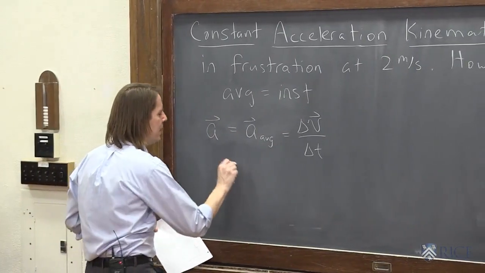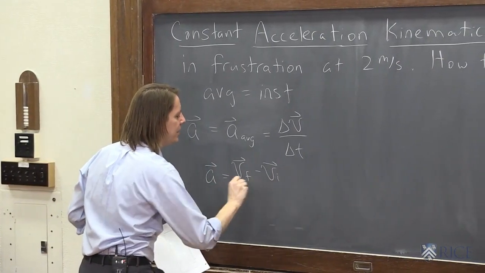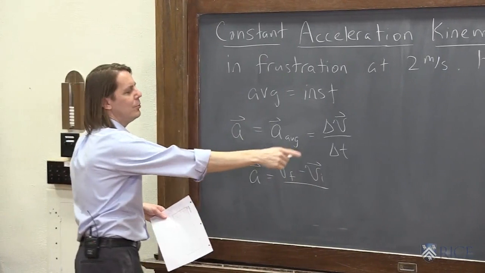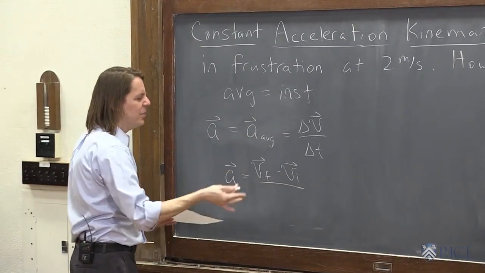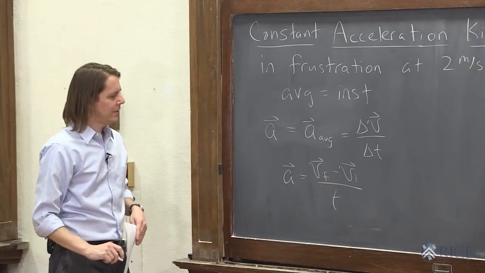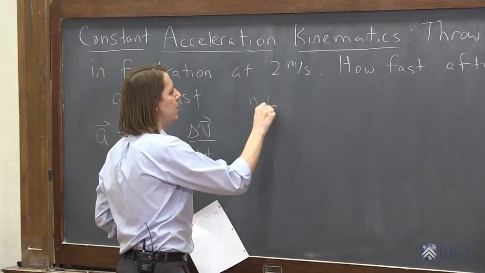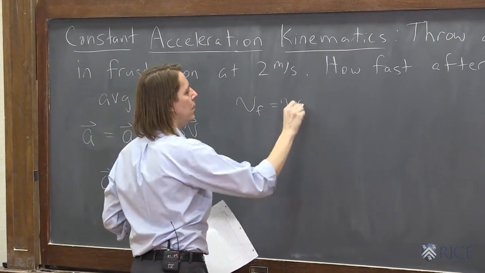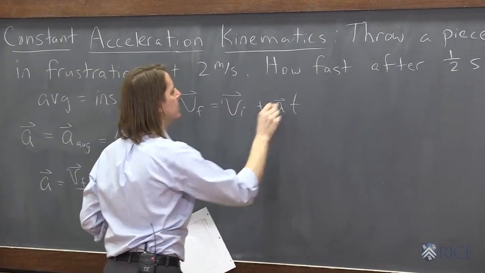So we're going to say a equals the final velocity minus the initial velocity over, and remember delta t was t final minus t initial. T initial is usually 0. T final, we just call it t, so we can say over t. Right. Turn that around, solve it for the final velocity, and say v final is v initial plus acceleration times time.